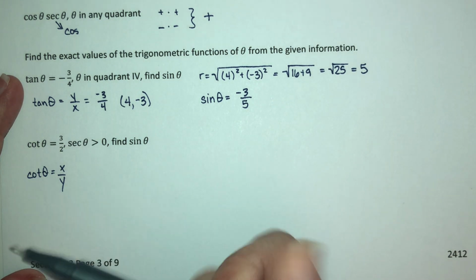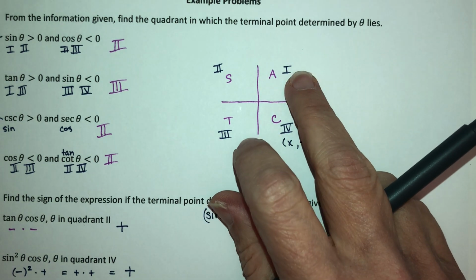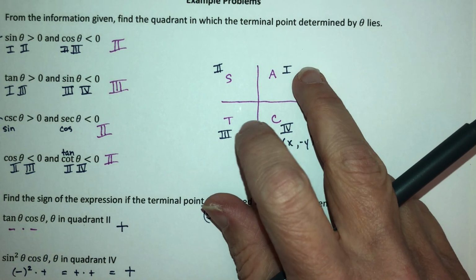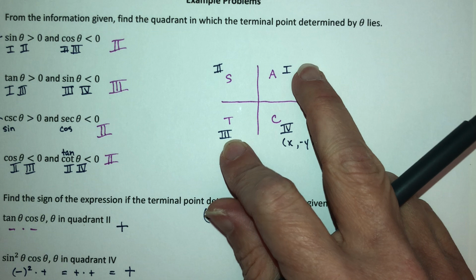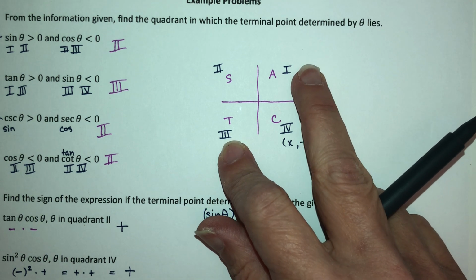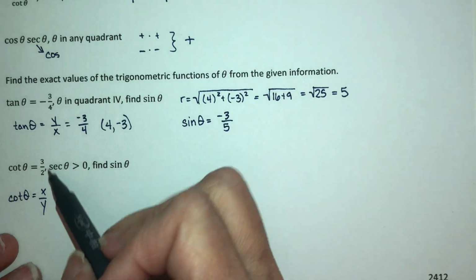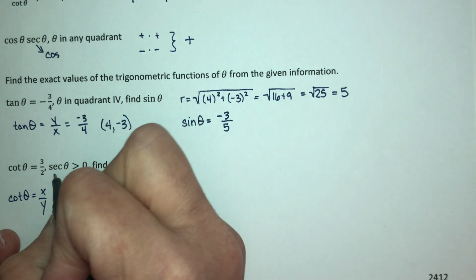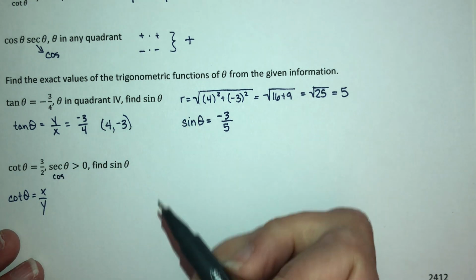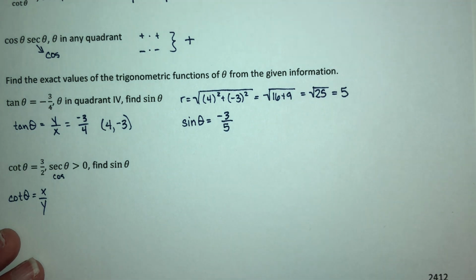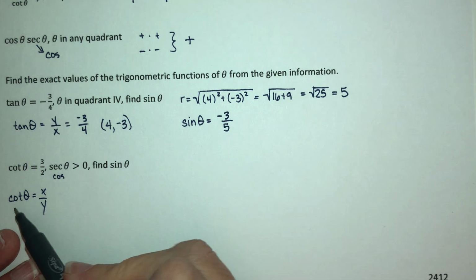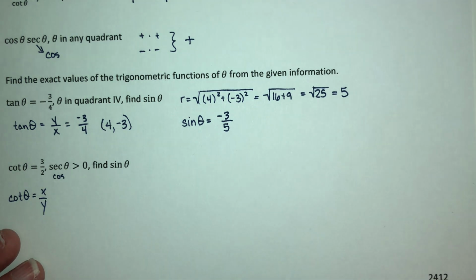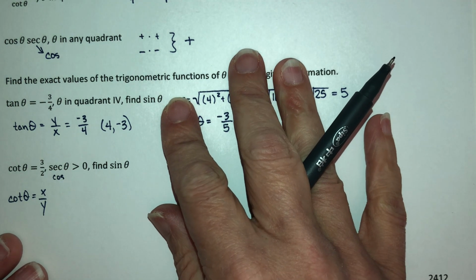Now, cotangent is a positive number in either quadrant 1 or quadrant 3. Okay, so we've got to figure out which one we're in. We are told that secant is positive. Well, secant goes with cosine. So we need to figure out which quadrant has both cotangent and cosine as positive numbers.